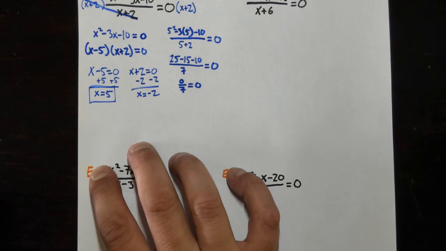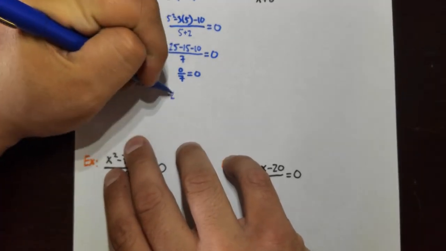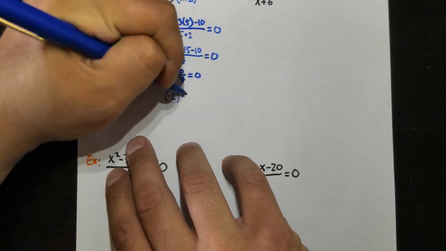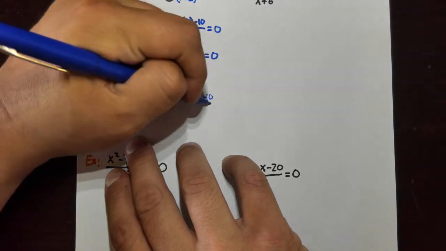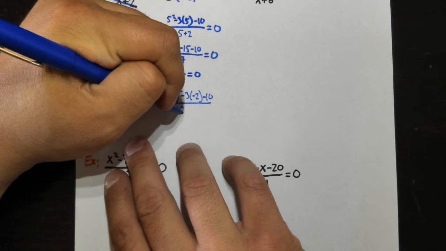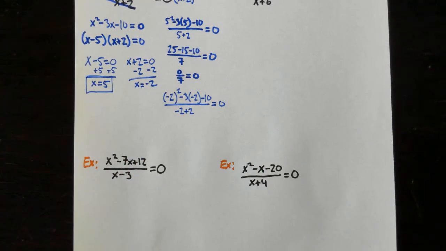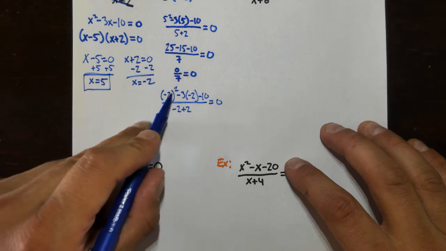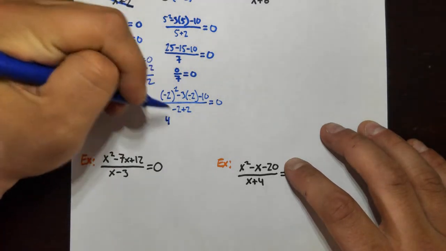Now let's check negative 2. Now we'll have negative 2 squared minus 3 times negative 2 minus 10 all over negative 2 plus 2 equals 0. Now, immediately I see what the problem is here. Negative 2 squared is going to be 4.